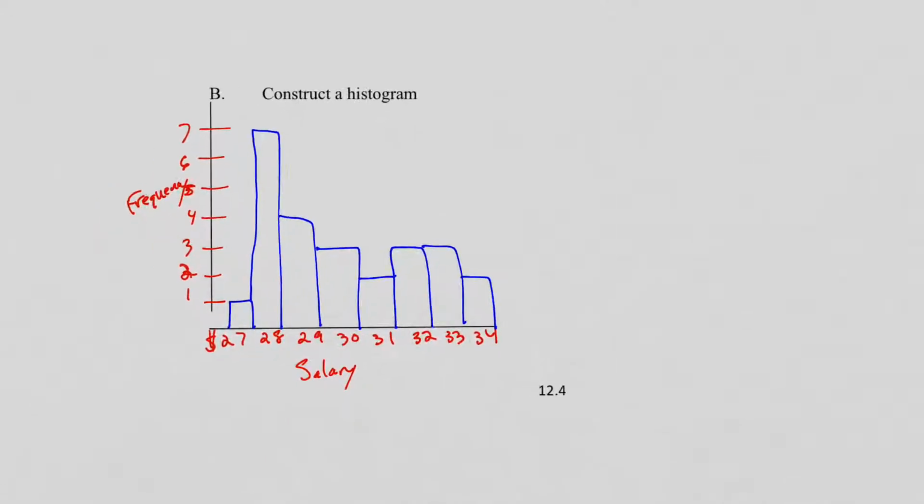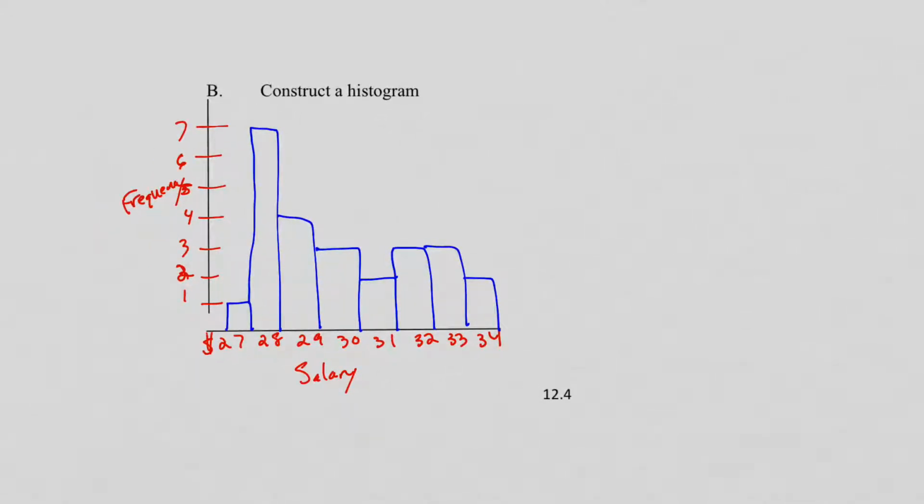Now the next one is called the frequency polygon. It looks similar to this, except we're going to put dots at the top of these, and then we're going to connect the dots to make a polygon.